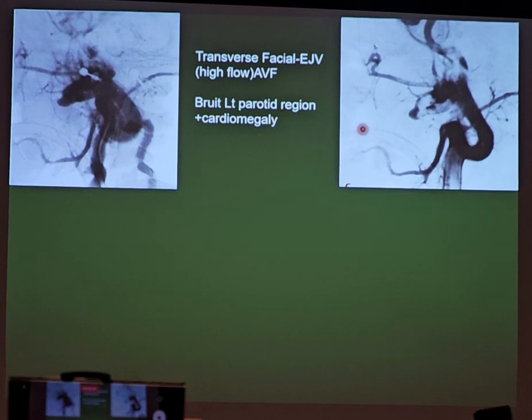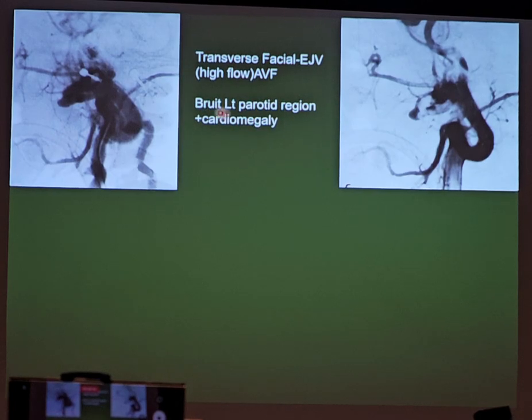The branch can also be seen, which is the transverse facial fistula opening into the external jugular veins, and the bruit was heard. The symptoms could also be, in young children, cardiomyopathy or even mild congestive heart failure.